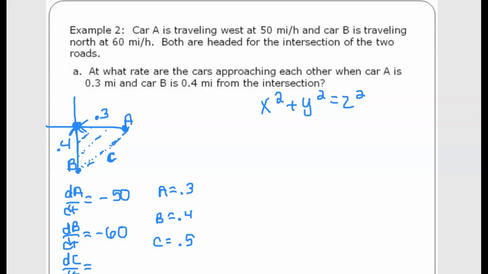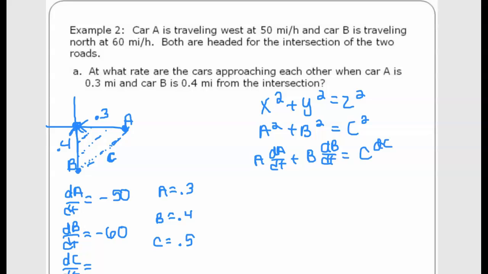But now instead of x, y, and z, we used A, B, and C in the context clues of the problem. So that's A dA/dt plus B dB/dt equals C dC/dt. And this time we're looking for dC/dt, and this time that change is not 0.